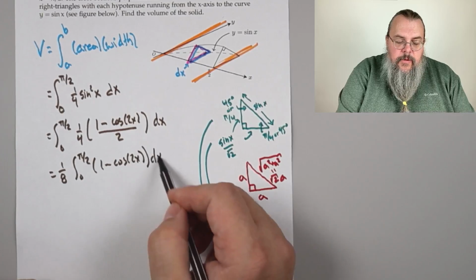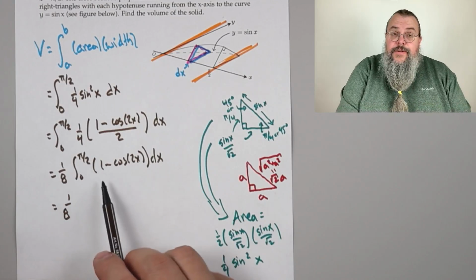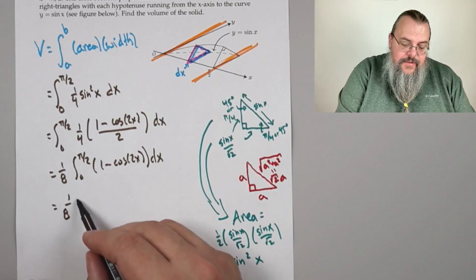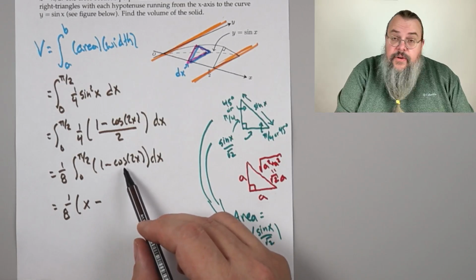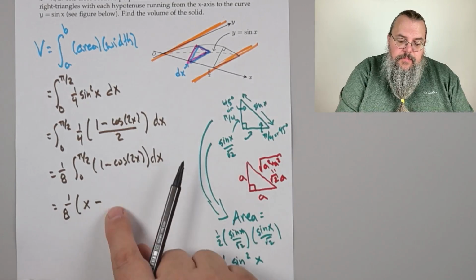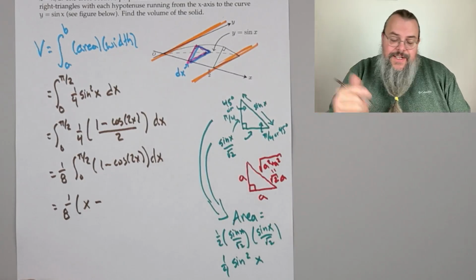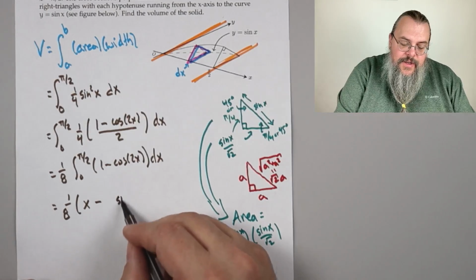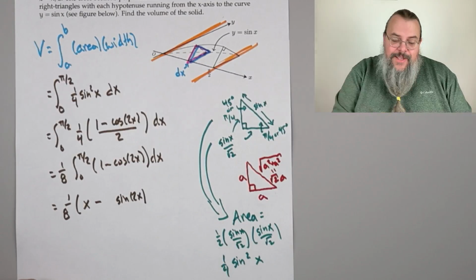So that becomes 1/8 times the integral of 1, which is x, then minus the integral of cosine, which is sine. So it'll be minus sine, right? The integral of cosine is positive sine. They are very picky, so make sure you get the right thing.